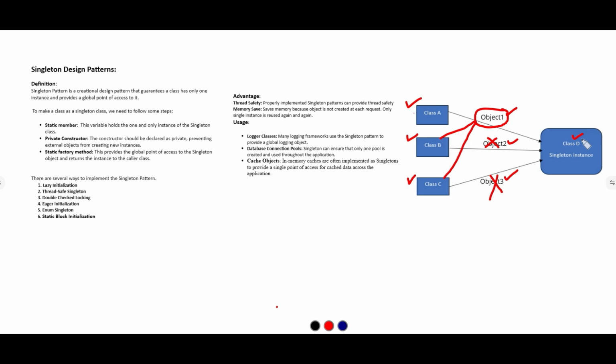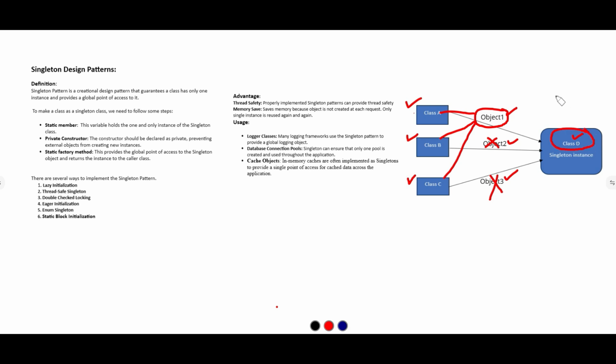So if we have only one object of this class D, and all three classes, class A, class B, and class C, access this object 1, then we can say this class D is a singleton class, right?